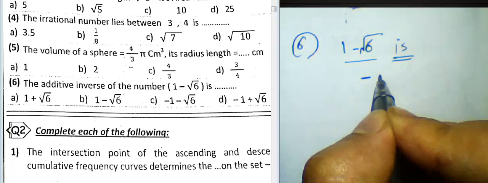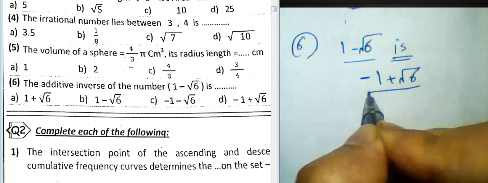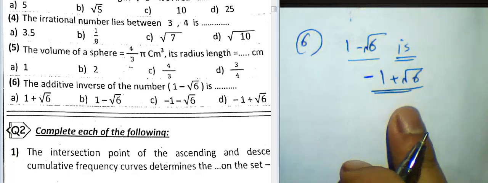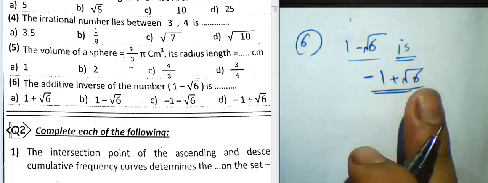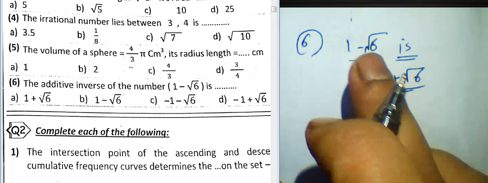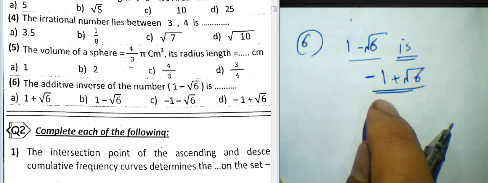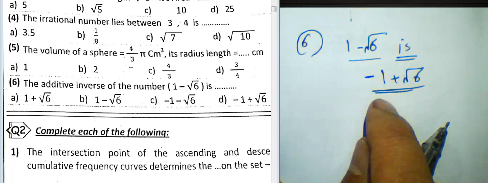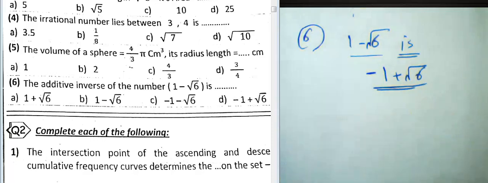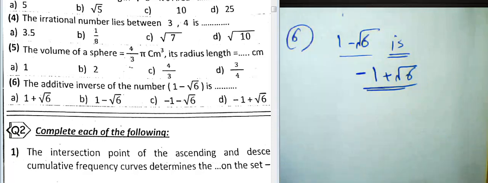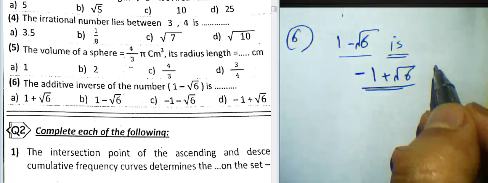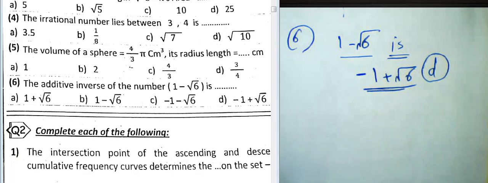It will be negative 1 plus root 6. This is the additive inverse of 1 subtract root 6. So the result must be negative 1 plus root 6. We must choose letter D for question number 6.